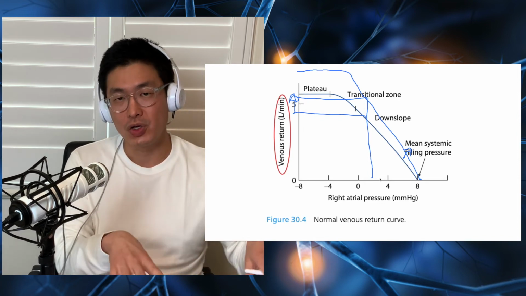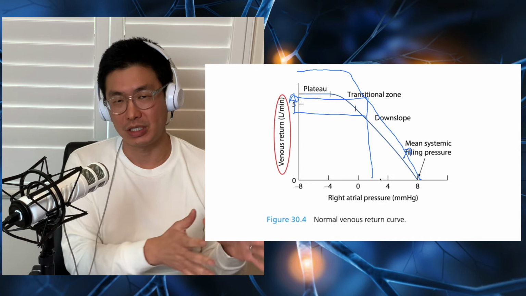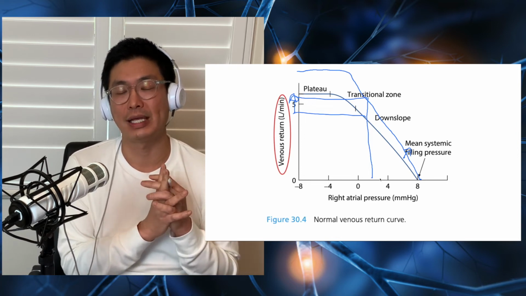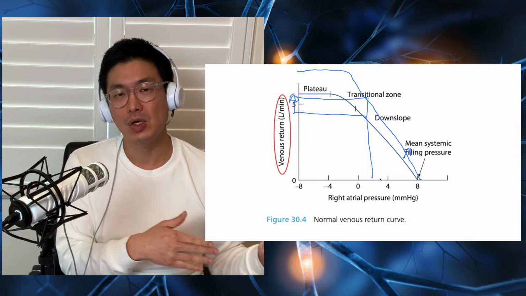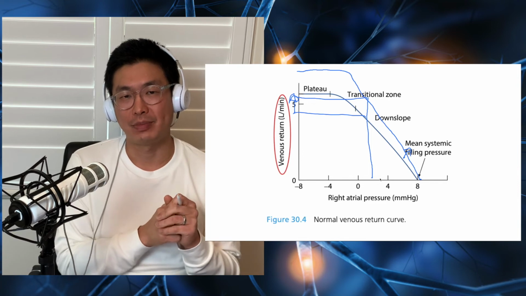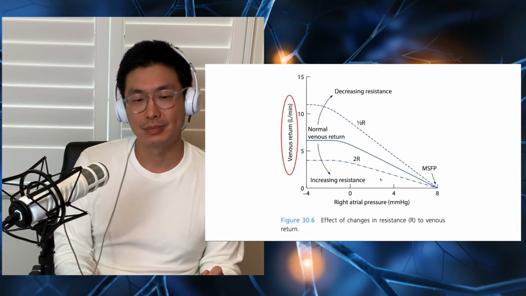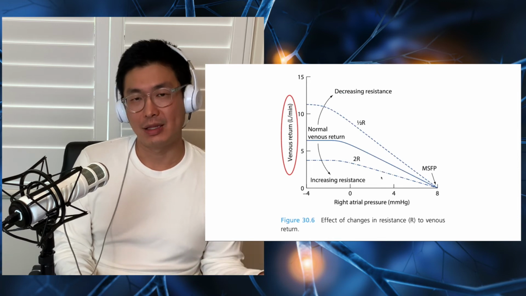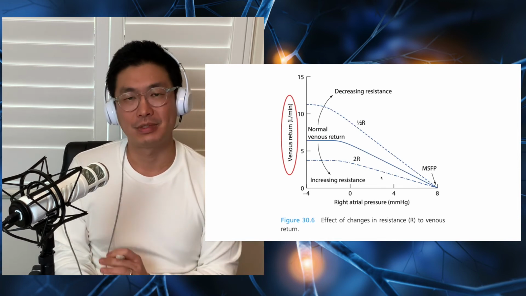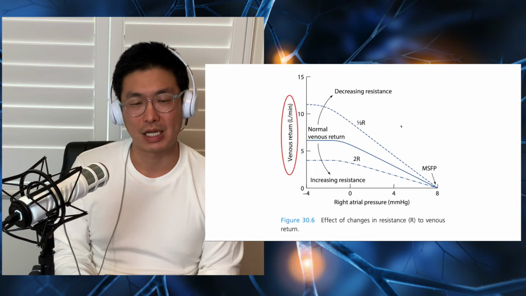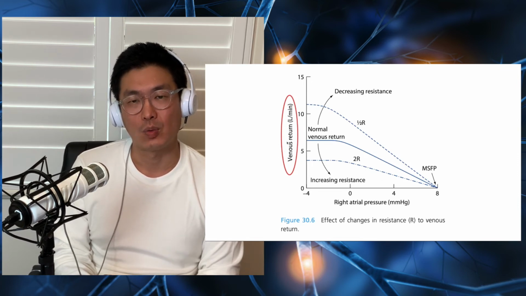And I think by using this graph here and using the idea of venous return on the y-axis, we can actually incorporate that point into our answer. And again, this graph here just describes what I just drew before. So that's that idea of having venous return on the y-axis.